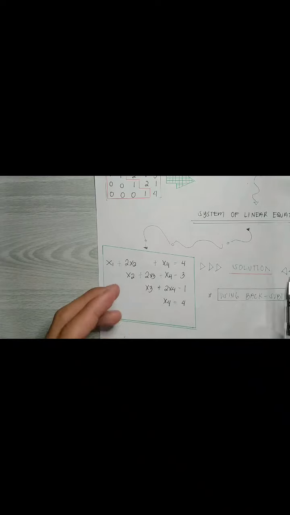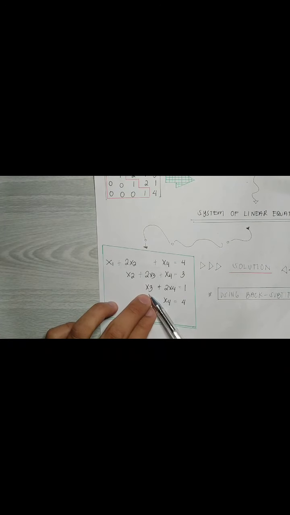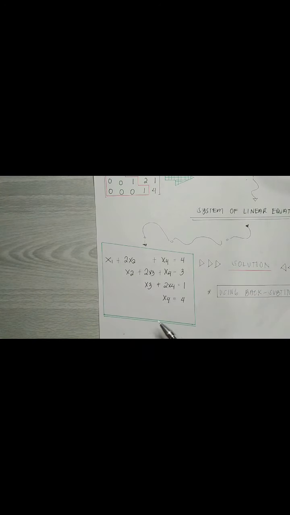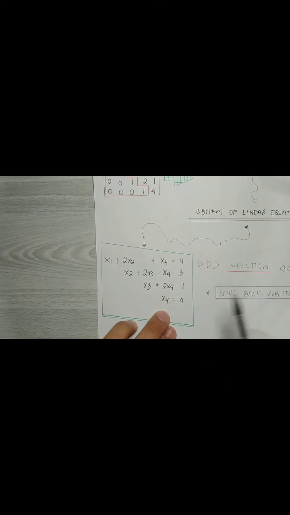And then the third row, x3 plus 2x4 is equal to 1. And the last row, the fourth row, x4 is equal to 4. The question is we need to find the solution set.